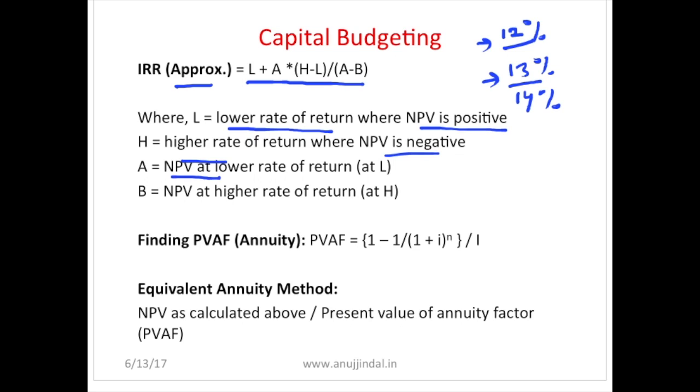A is the value of NPV at the lower rate of return, or L, so the value of NPV at 12%. And B is the value of NPV at 13%. So using these four terms, you are able to find out the approximate value of IRR, and then you can move on to the trial and error method of IRR, which I've already explained in the course.